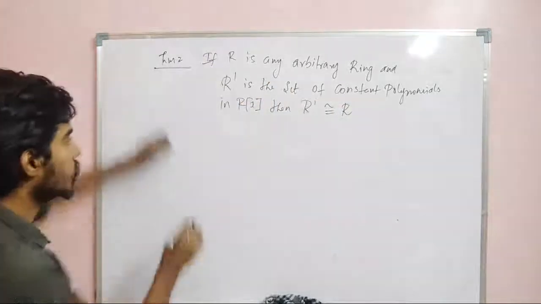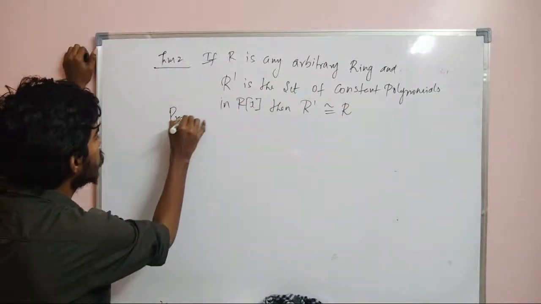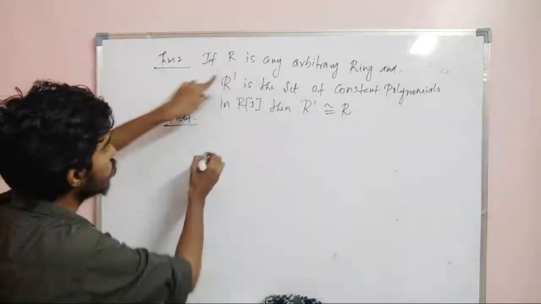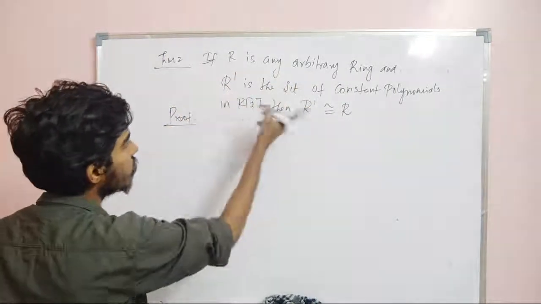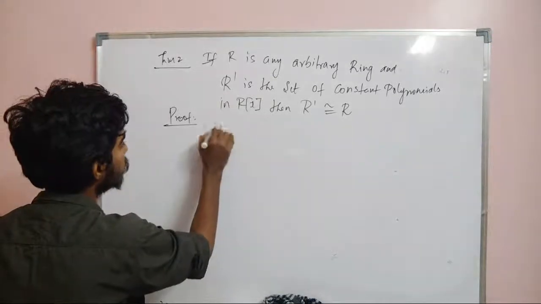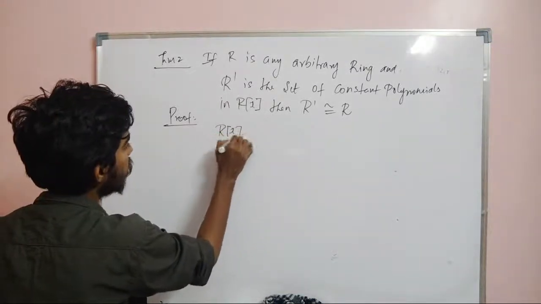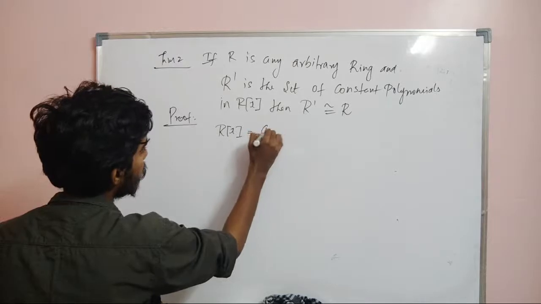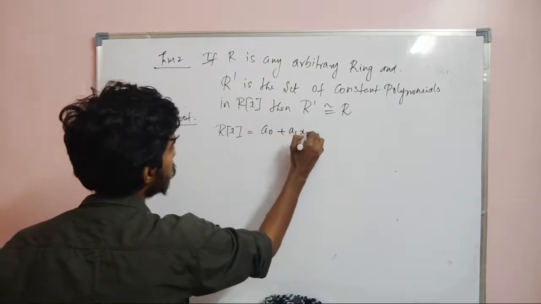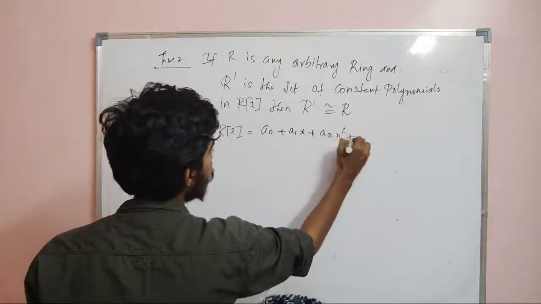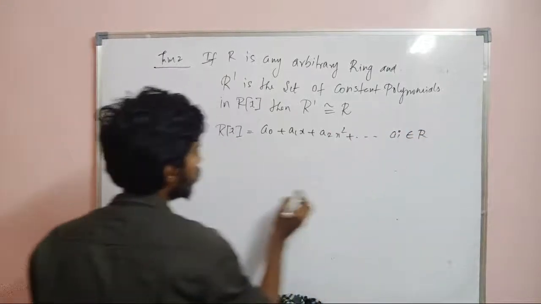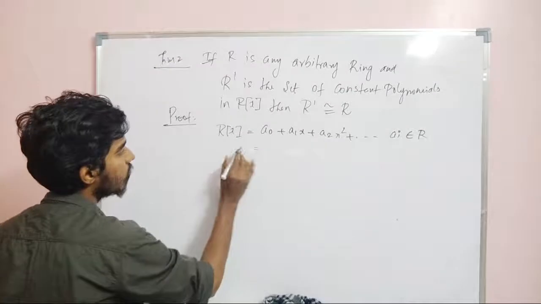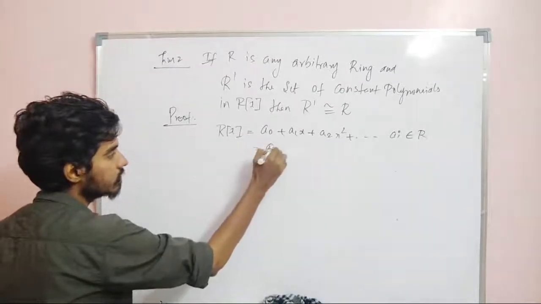So we'll prove what they are saying. If R is any ring, and R dash is the set of all constant polynomials in R[x], what is R[x]? R[x] is nothing but a0 plus a1x plus a2x squared and so on, and these ai's are in R. Now this a0 is the constant polynomial, right?